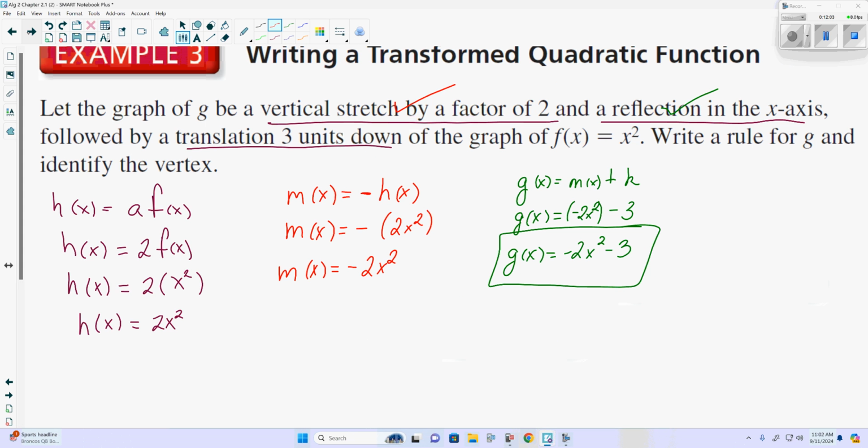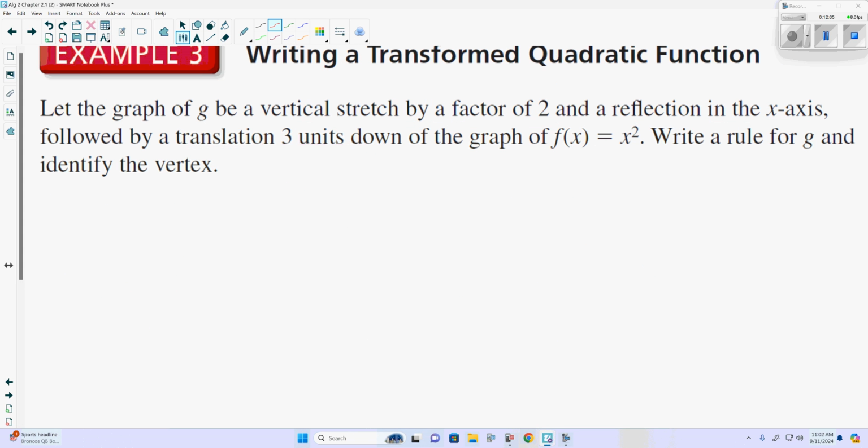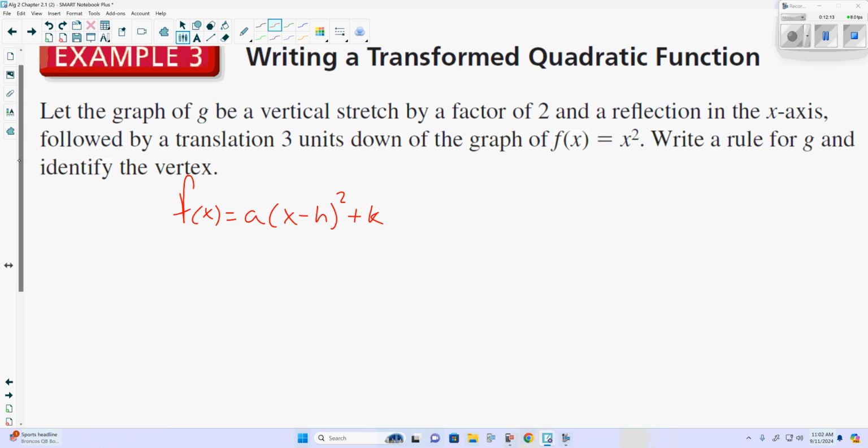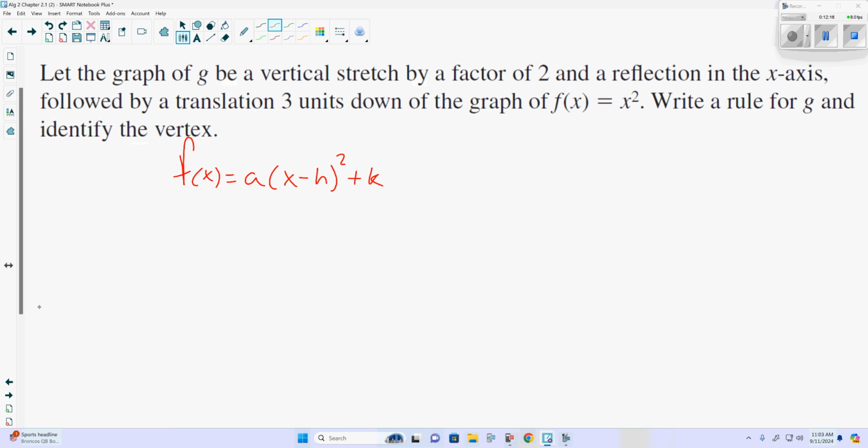Now, the way they did this, I'll show you. This works if they put it in this particular order in this setup. Here, vertical stretch of 2, so A is 2, yes? Reflection in the x-axis, that's also A. So A is technically the negative and the 2, yes? So that means I can replace this A with negative 2.